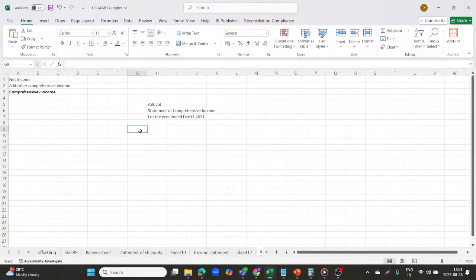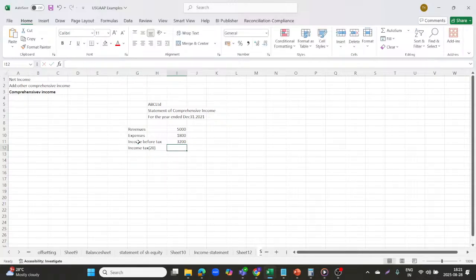Then it will show you what the revenues are, and what the expenses are. Suppose revenue is $5,000 and expenses are $1,800, then you will get $3,200 as your income before tax. Now suppose your income tax rate is 20%.